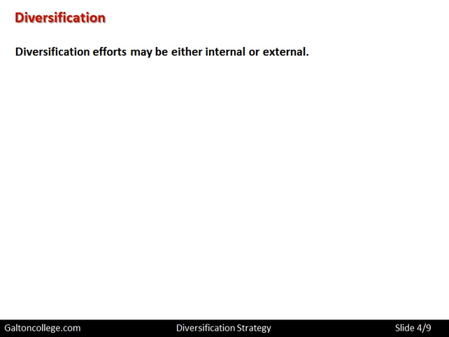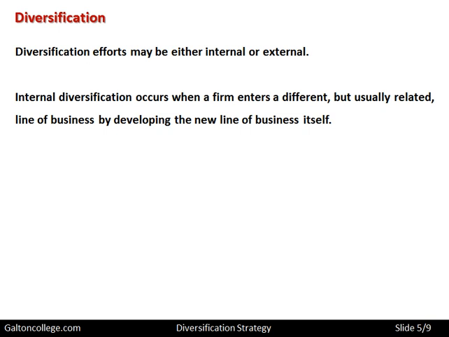So we can view diversification as being driven by two forces, essentially, internal and external. Now, the internal diversification occurs when a firm enters a different market, but usually a related market. Enters this different line of business by developing a new line of business itself. Now, what I mean by that is it simply means the business diversifies.